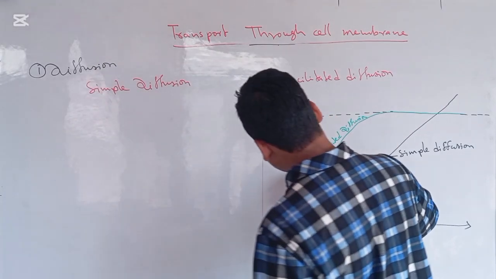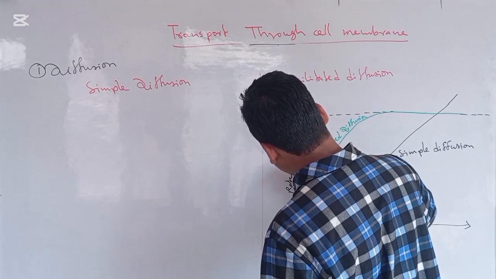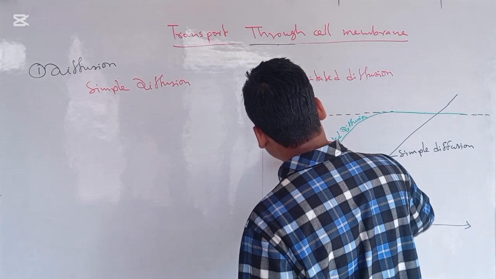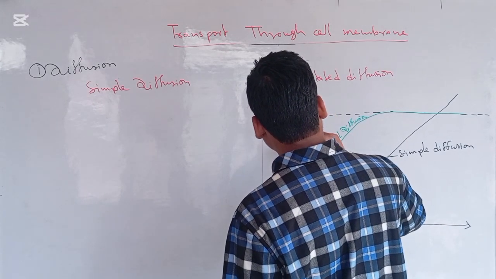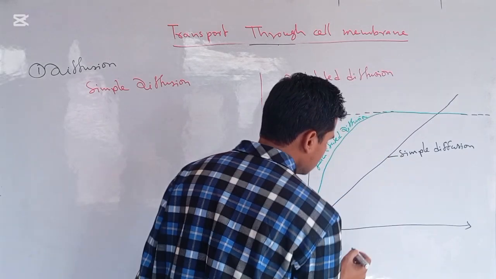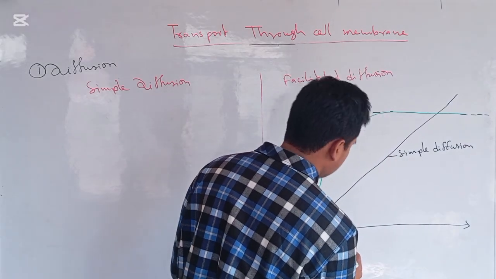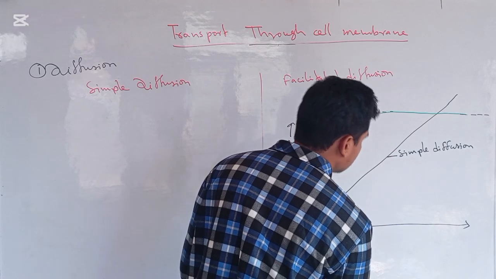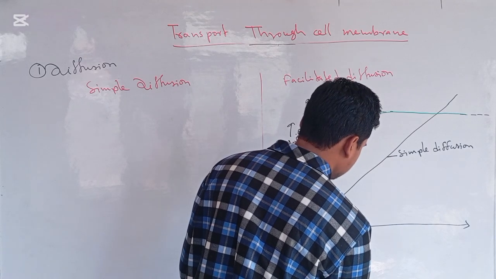Let's suppose this is the rate of diffusion axis, and this axis is the concentration gradient.